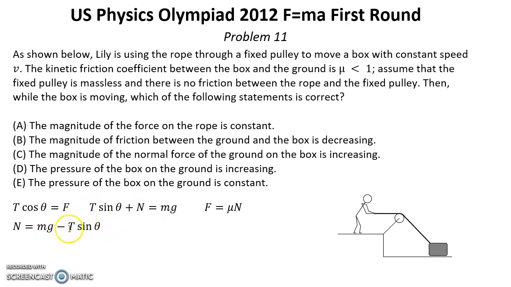Now we put this normal force in the expression for the force of friction, and we can put this force of friction in the first equation. So this is the equation for tension. So we found that tension equals this expression.